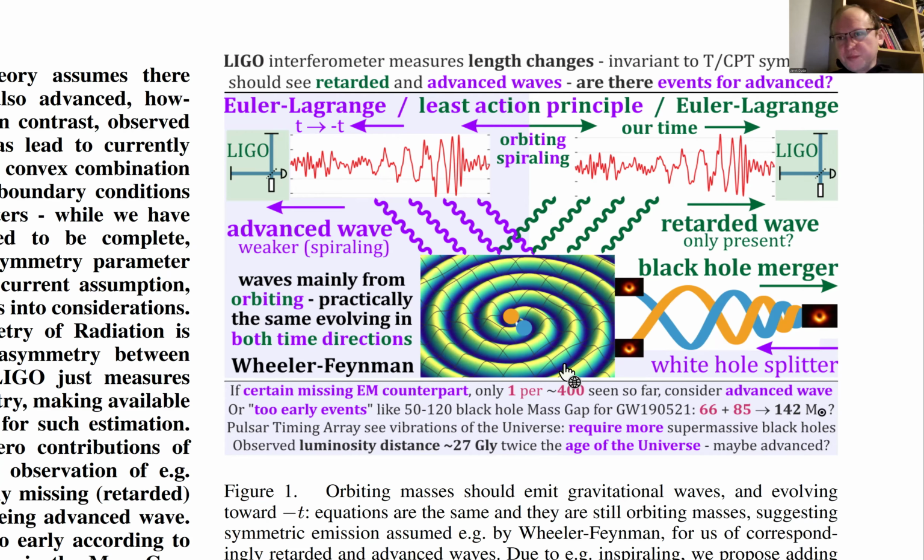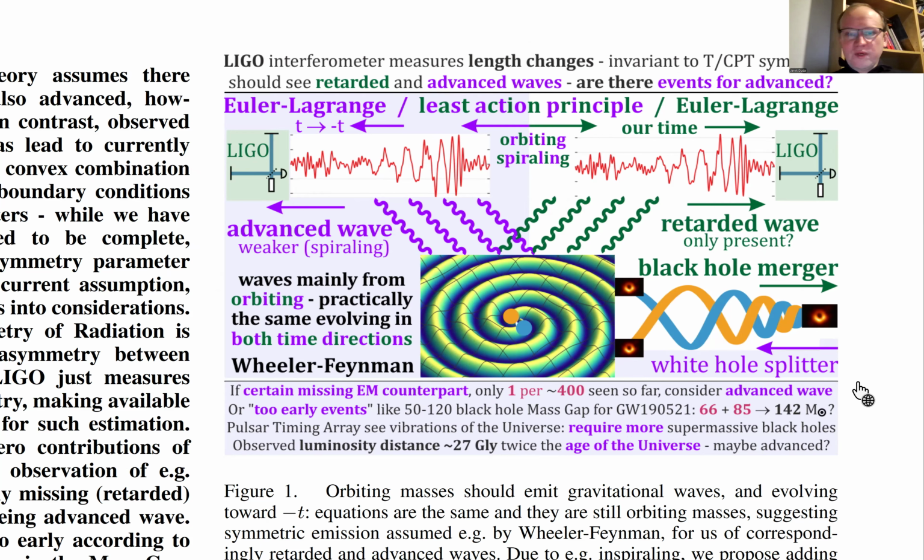So it's worth considering, especially in the future when there will be lots of such events, that some of them were advanced waves. If we are certain that there should be an electromagnetic counterpart, but clearly there isn't, then the only option might be to assume it was an advanced wave.